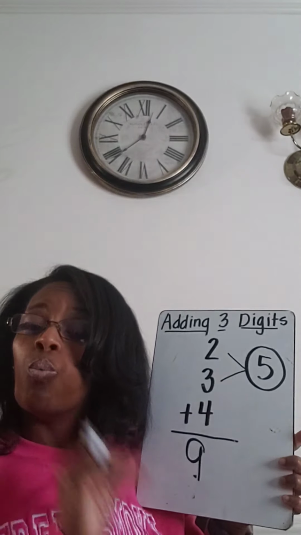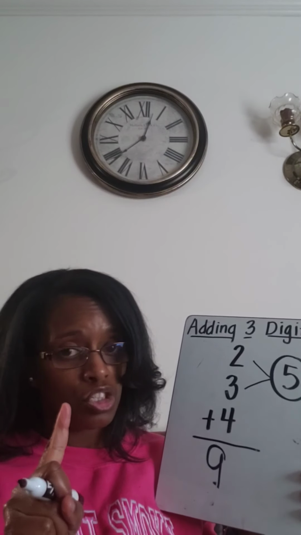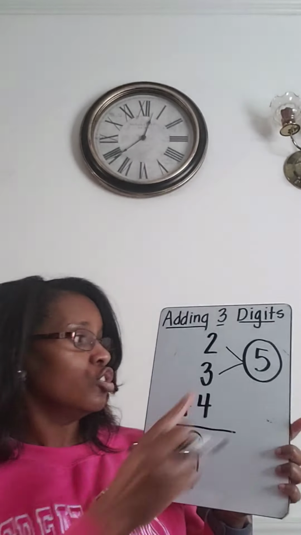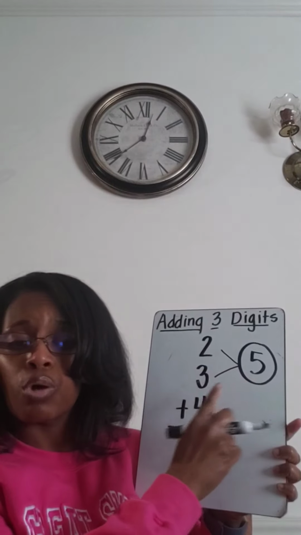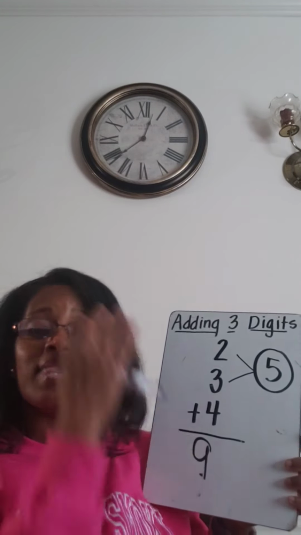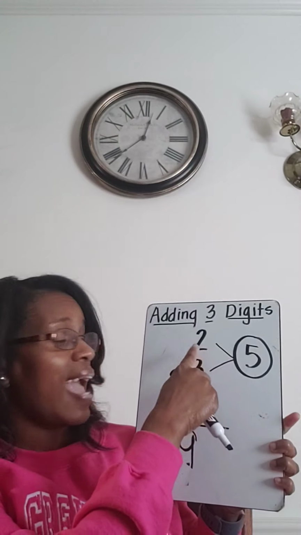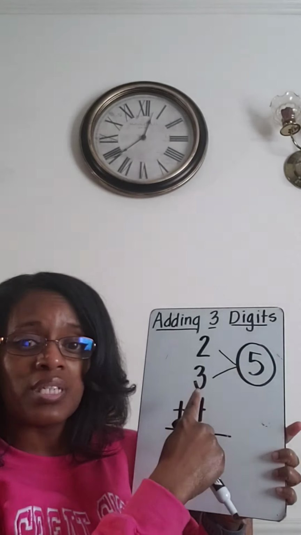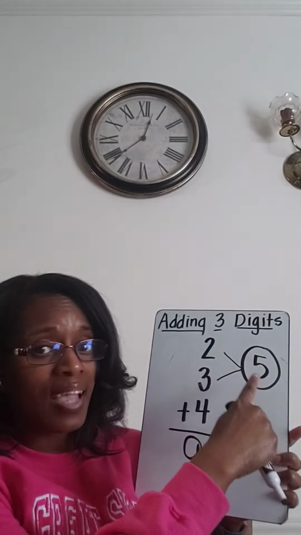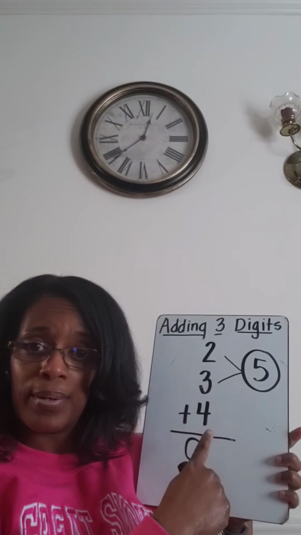Now let's do it one last way. So we've done one strategy, or one way, which is to just use our circles and show our circles for each number. The second strategy, or the second way, is to add the first 2 numbers together, get that answer, and add that answer to your last number.